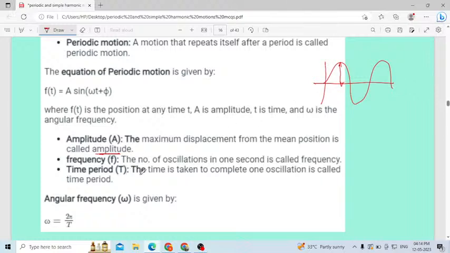Time period: the time taken to complete one oscillation is called the time period. Angular frequency is omega, which is 2 pi by T. This formula also we will use, please see that one.